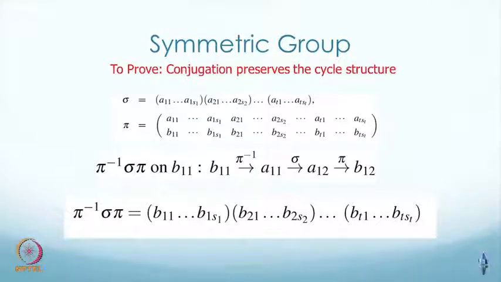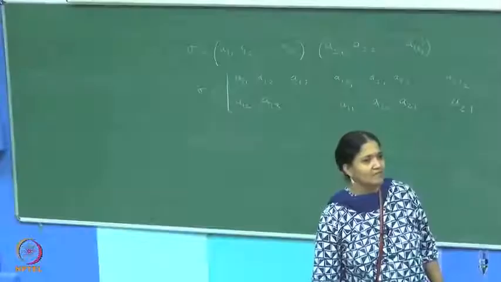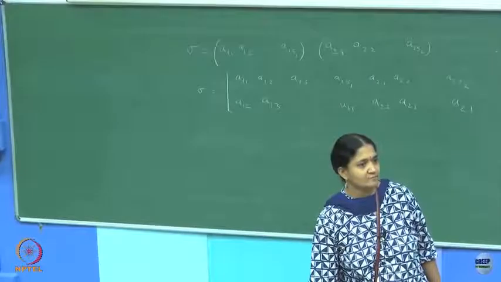So, if you do this by induction, you can call the letters A, B, C, D, E, F, G, H, any letters, I do not care. What I am saying is that a subset of S1 letters under conjugation will only mix that subset of S1 letters.